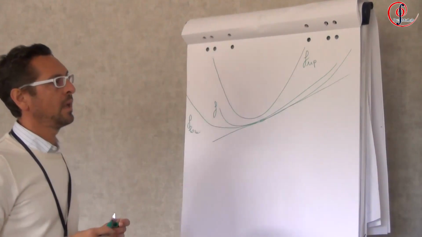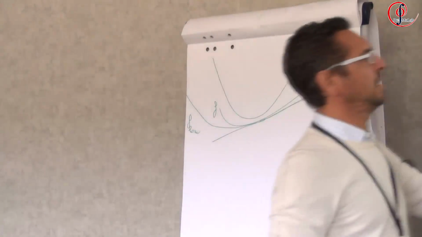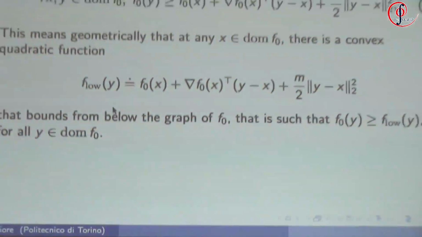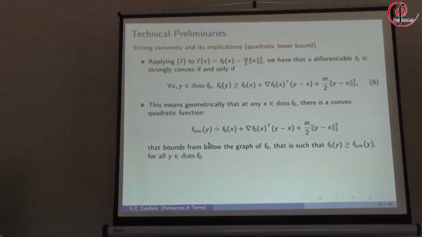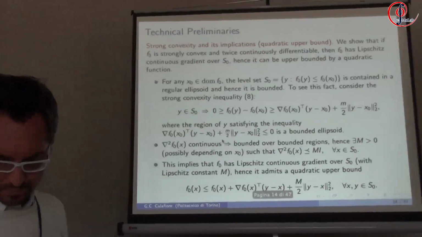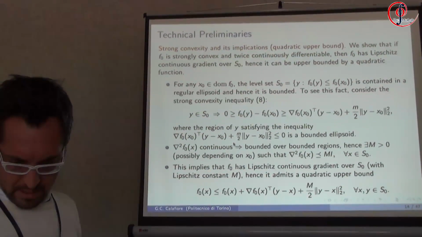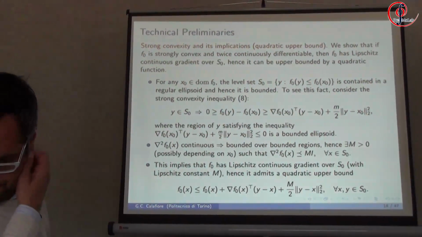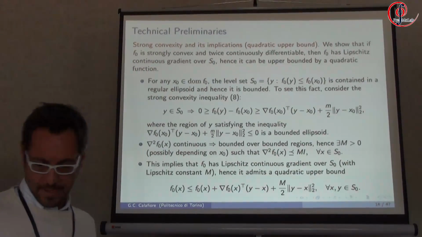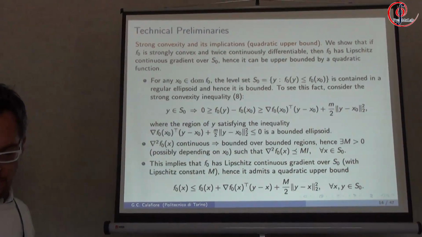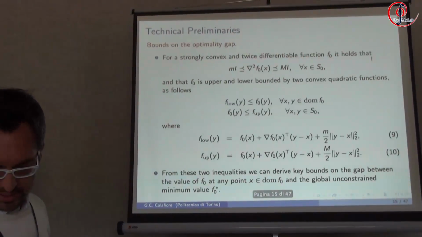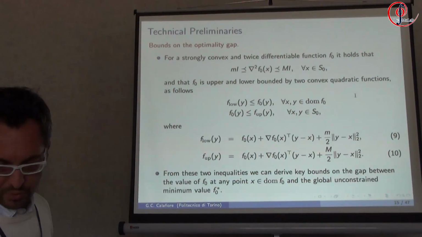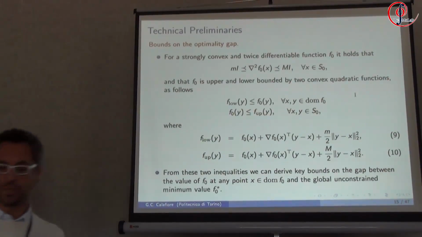Okay? This function can be obtained explicitly if we know the strong convexity constant m. So now, I want to make this a little bit shorter, so let me come to a conclusion.